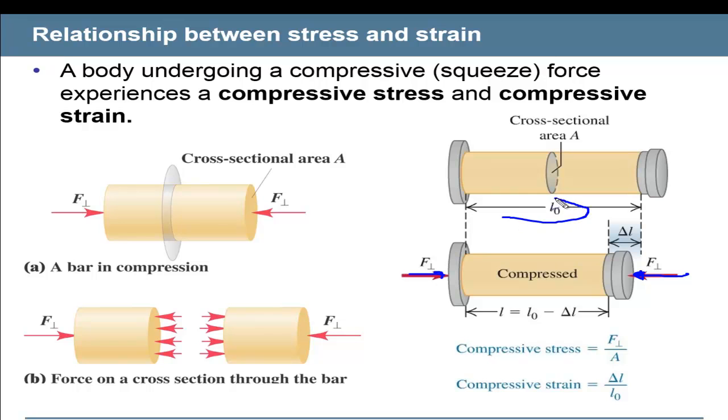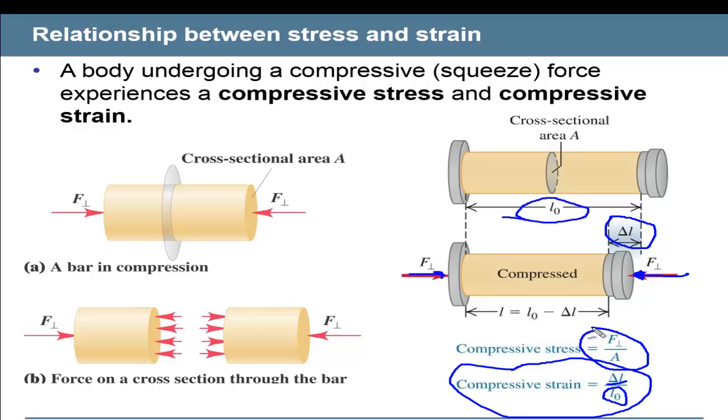We have some original length L naught and then some change in that length after we apply our compressive stresses, and the compressive strain is defined as the change in that length divided by the original length, again expressed as a ratio or later as a percentage. And the compressive stress is the perpendicular force divided by this area. It's a force per unit area, right?